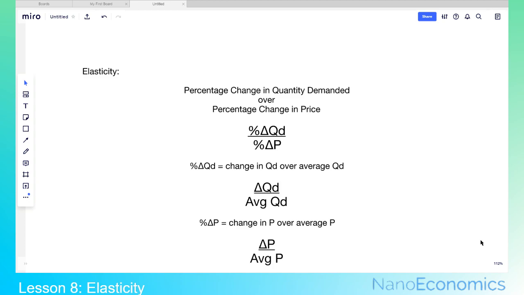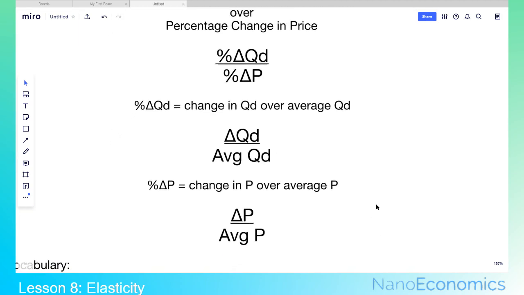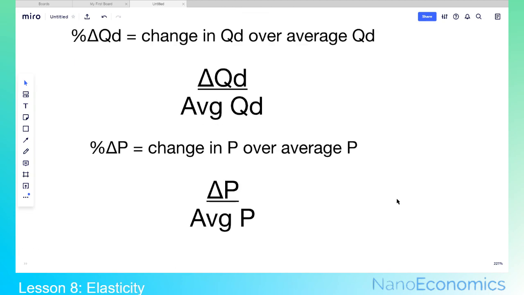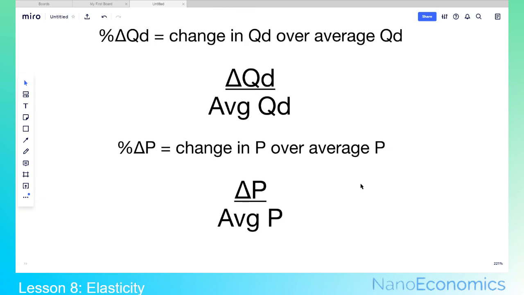And then what we're going to do when we look more closely here is look at what the percent change in quantity demanded is. So the percent change in quantity demanded comes from the change in quantity demanded over the average quantity demanded.